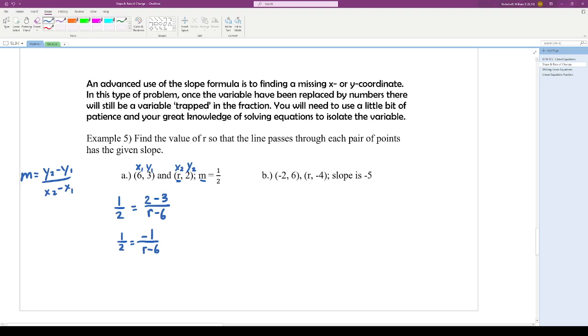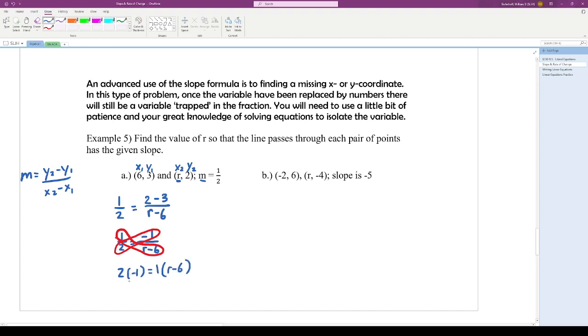Since we have a top and bottom on both sides of our equation, we could go ahead and cross multiply here. So I'm going to multiply 2 times -1, and I'm going to set that equal to 1 times r minus 6. Writing that down, I have 2 times negative 1 on one side, and 1 times r minus 6 on the other.